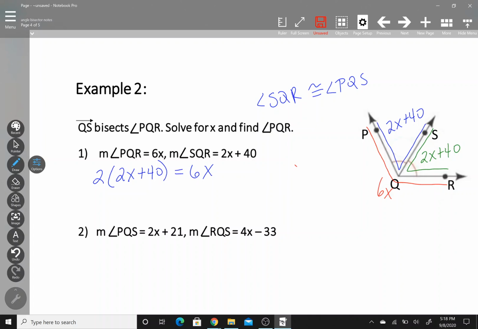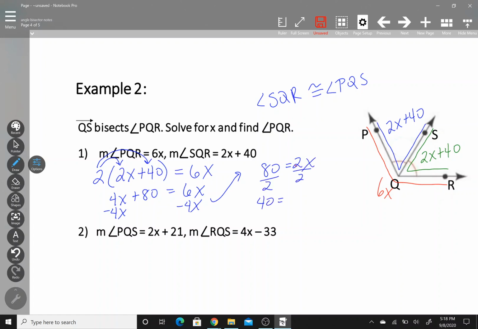Now I will solve this. I'll multiply in here. So 4x plus 80 is equal to 6x. I multiply the 2 to the 2x and also to the 40. Now I will take away 4x from both sides. So I get 80 is equal to 2x, divided by 2.